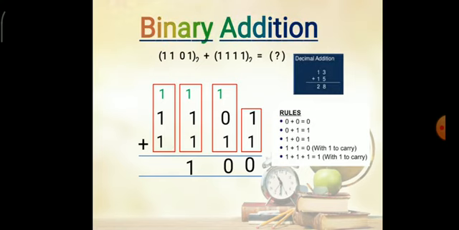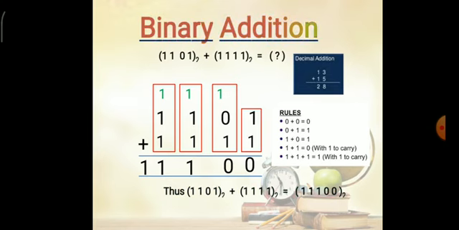Let's add them. 1 plus 1 plus 1 is equal to 11. It is solved. Hence the answer is 1101 plus 1111 is equal to 11100, which is actually the binary of 28.